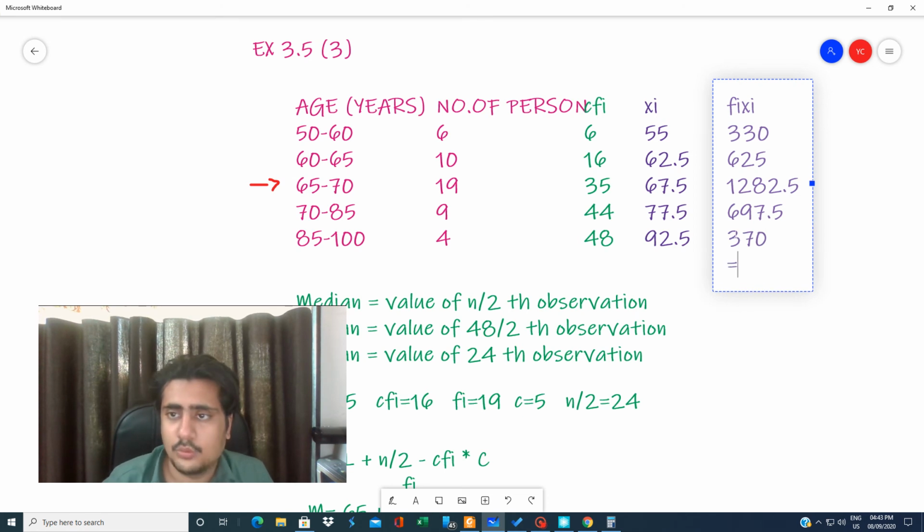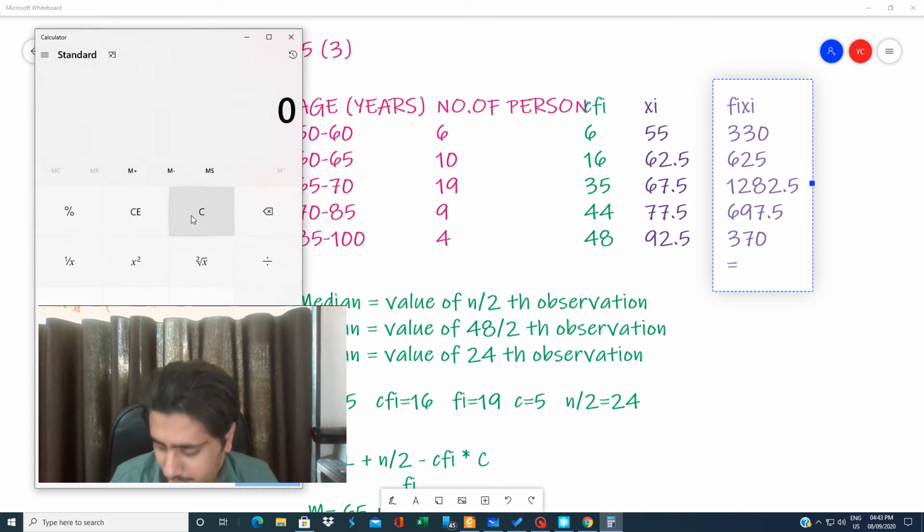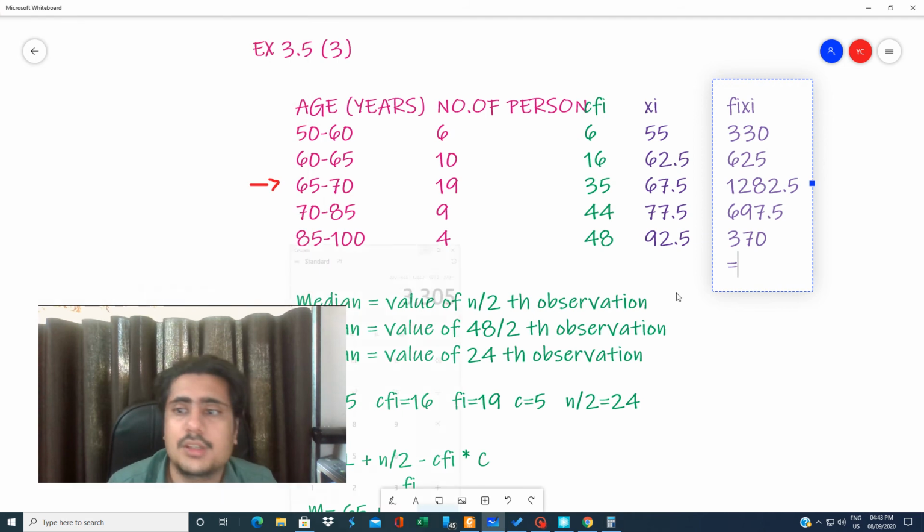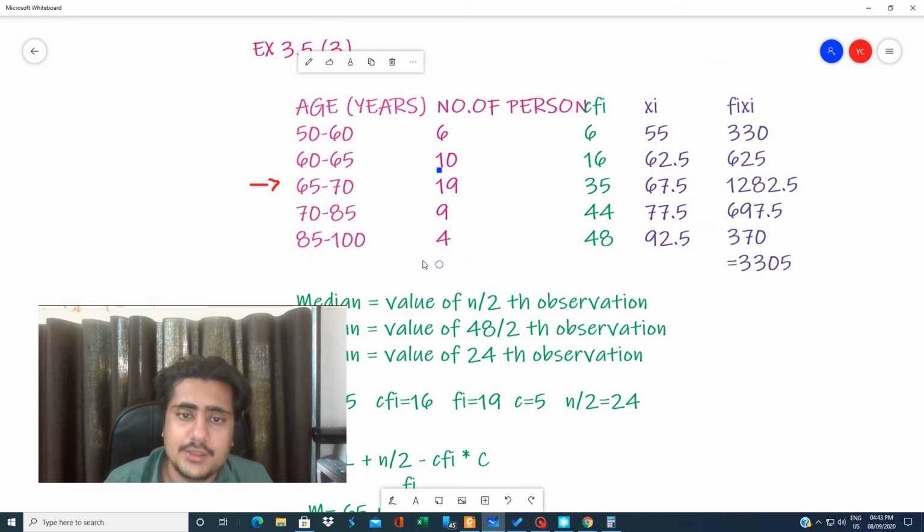Okay, now the total of this fi xi will be 330 plus 625 plus 1282.5 plus 697.5 plus 370, which comes to 3305. Now your n is 48.